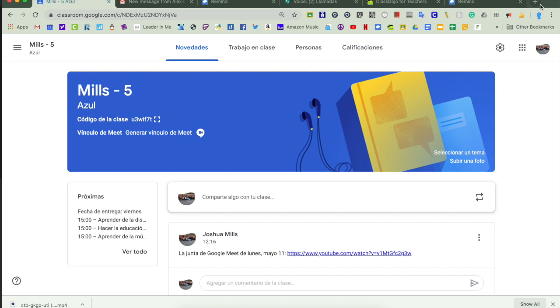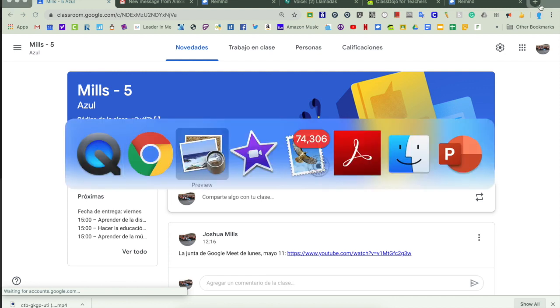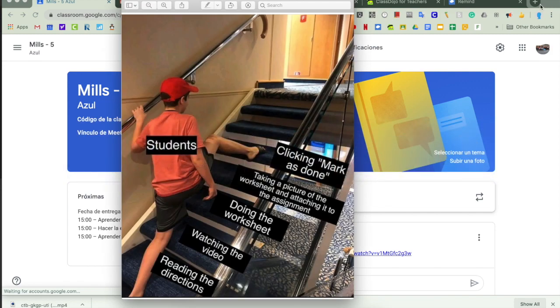I have some students skipping some steps, and some kids just want to mark done when they're not actually finished. And a friend of mine sent me this visual, and I'll show it to you. And here is the visual.